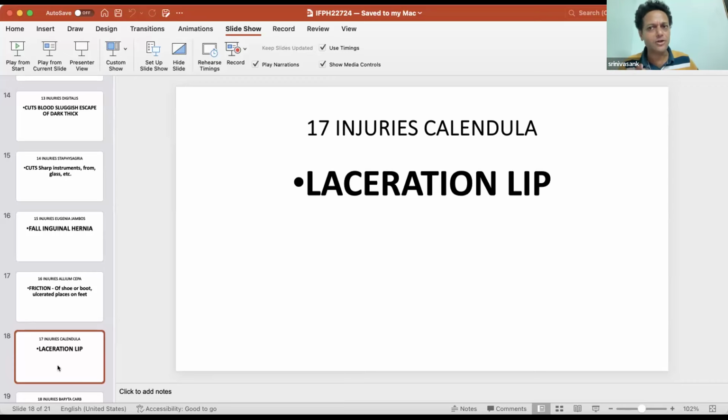I tell the patient, if the hematoma is there, you go to a surgeon, ask how many days it will take. They go to the surgeon, they will say it will take so many days and they will come back. I said, don't take allopathy medicine, take homeopathy, see how quickly it gets resolved. The hematoma goes so quickly, the pain goes so quickly by internal medication.